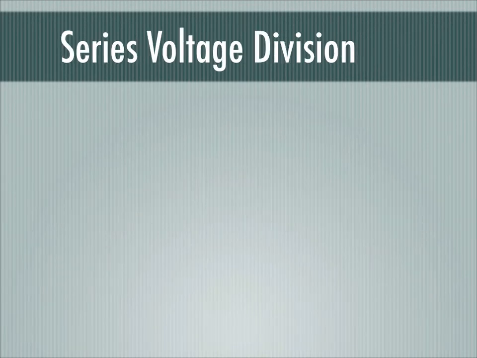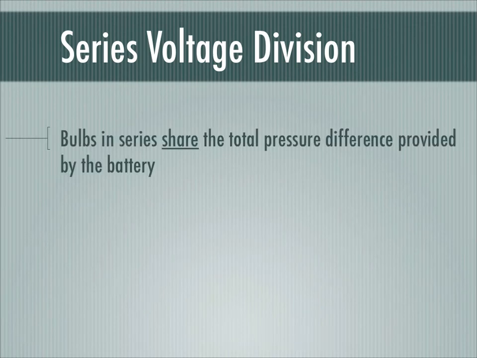So to summarize, and this is called series voltage division is the science name for this. To summarize, how do pressure differences divide up in a series circuit? Bulbs in series share the total pressure difference provided by the battery.